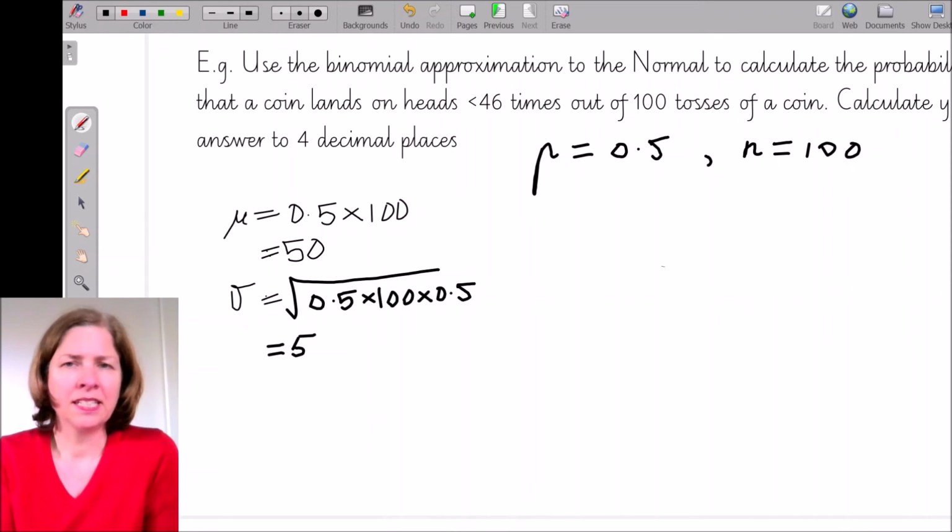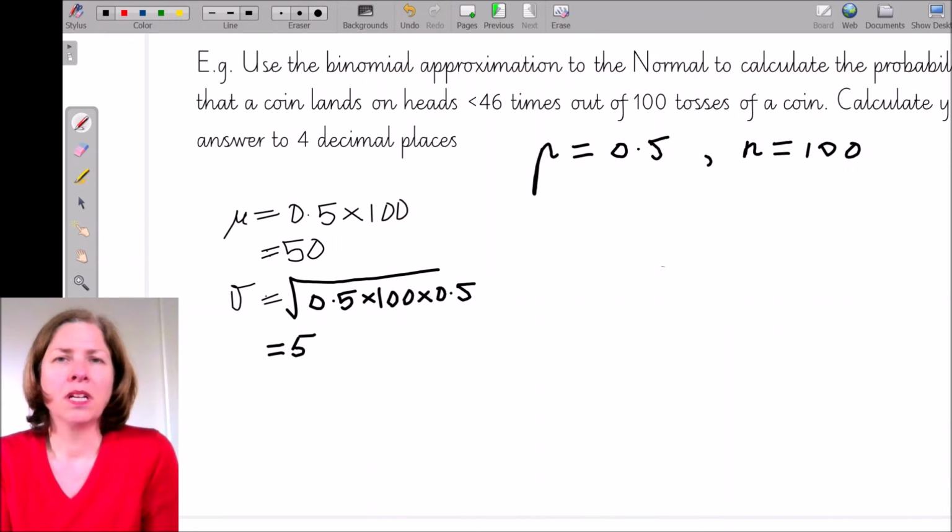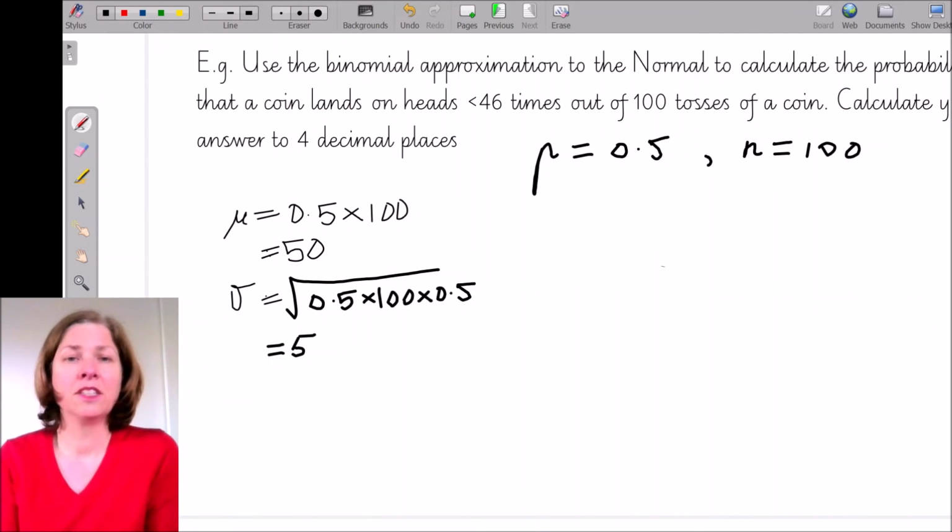So what that means I can say is if I've got my random variable x, where x is the number of heads that I get out of 100 tosses of a coin, then x is approximately normal. And so what I'm going to do is jot down that information and then use my normal probabilities to calculate the answer to the question.